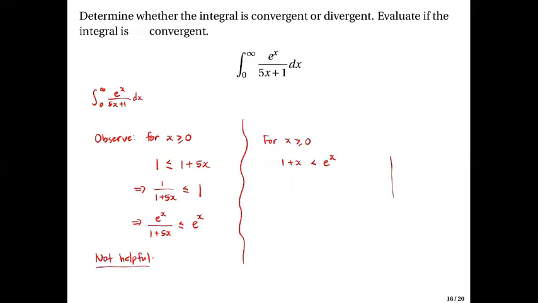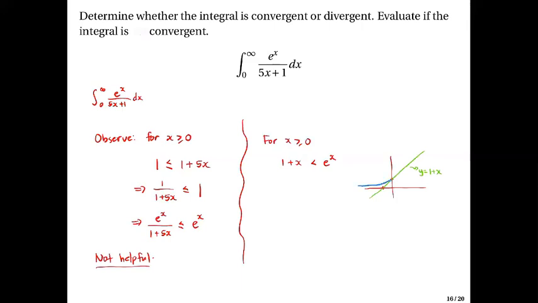If you don't believe that, the graph of y equals 1 plus x will be something like this. So this is 1 in here, this is negative 1 in here. So this is y equals 1 plus x. On the other hand, e to the x will be something like this.